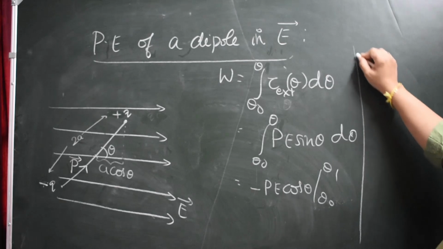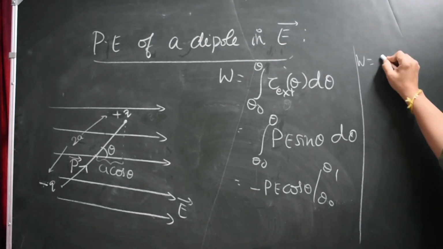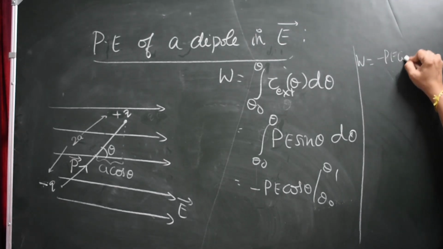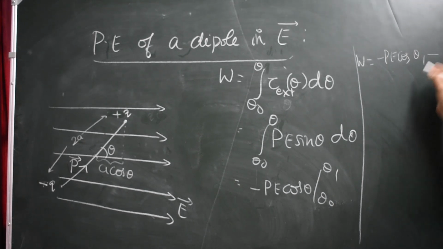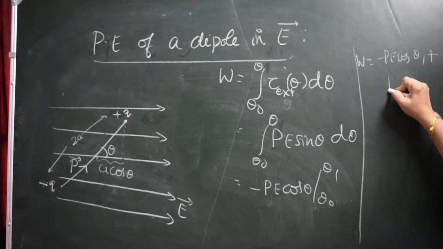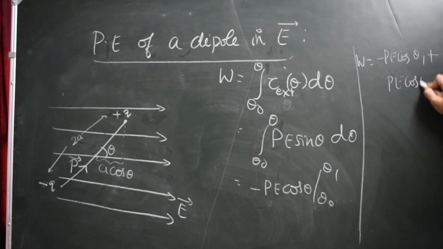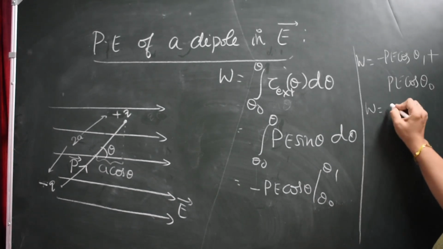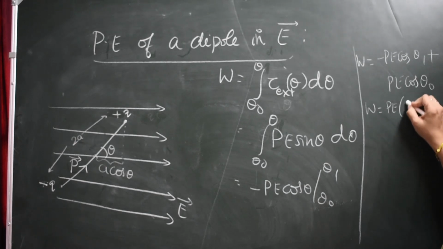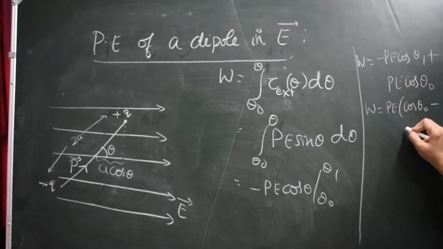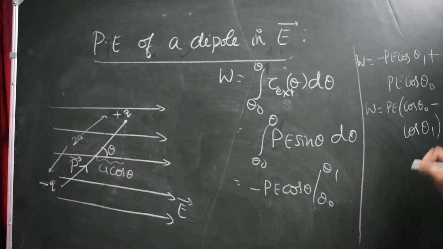So we will get minus PE cos theta 1, minus of minus is plus PE cos theta naught. So W is equal to PE into cos theta naught minus cos theta 1.